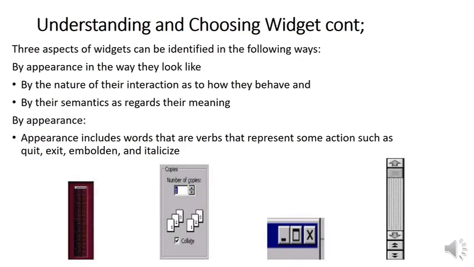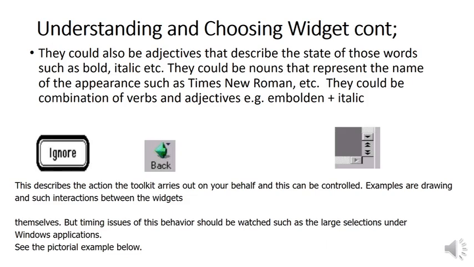The three aspects of a widget can be identified in the following way: by appearance, in the way they look; by the nature of their interaction, as to how they behave; and by their semantics, that is, their meaning. Appearance includes words that are verbs that represent some action, such as quit, exit, embolden, and italicize.